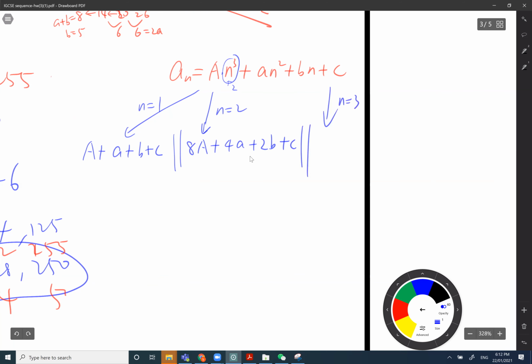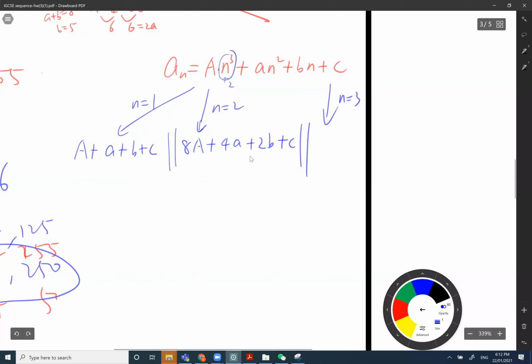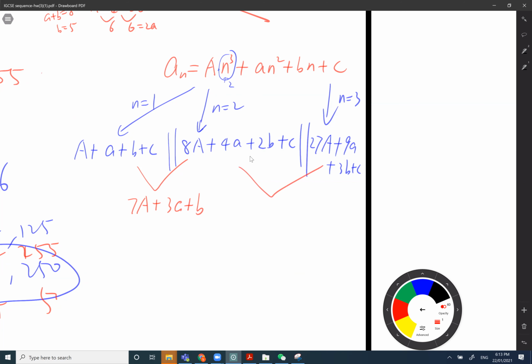N equals 3. Victoria, 27a plus 9b plus 3c. What's the difference here? 19a plus 5b plus c.